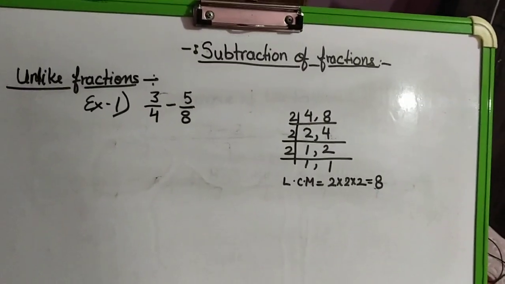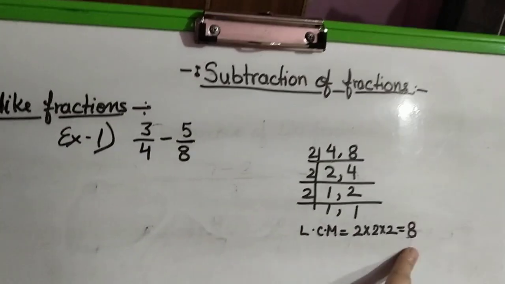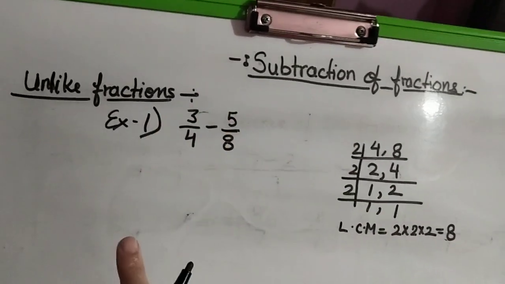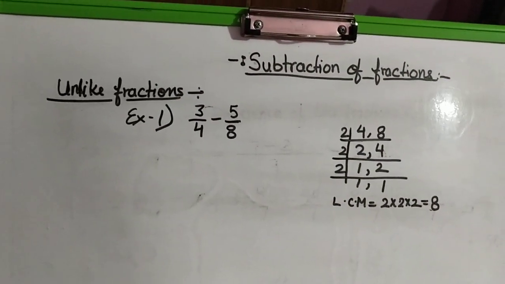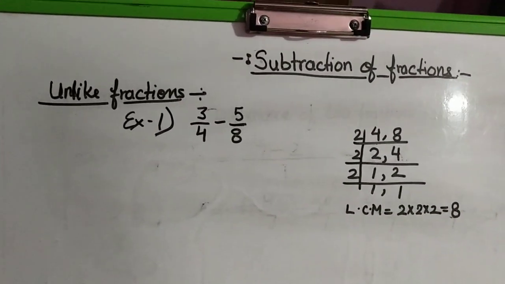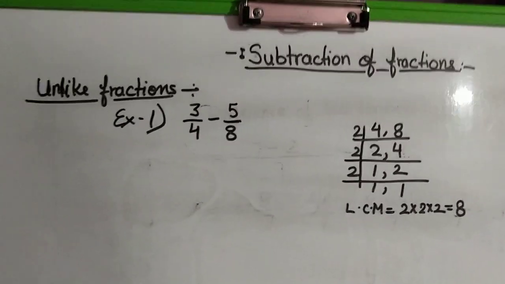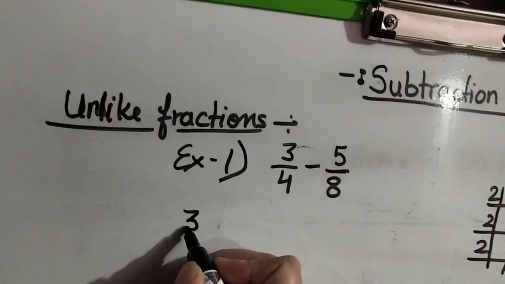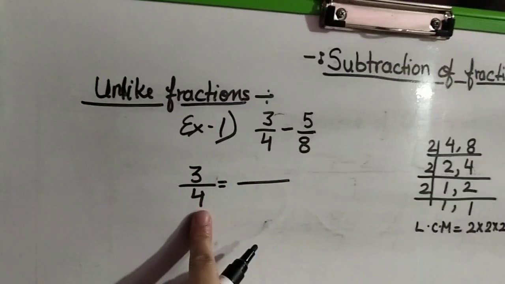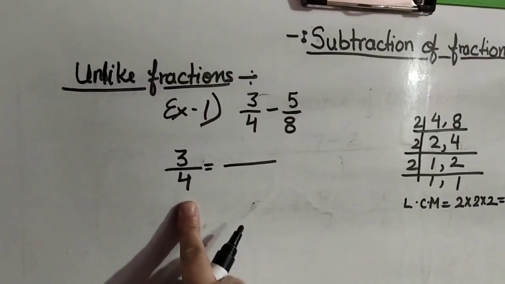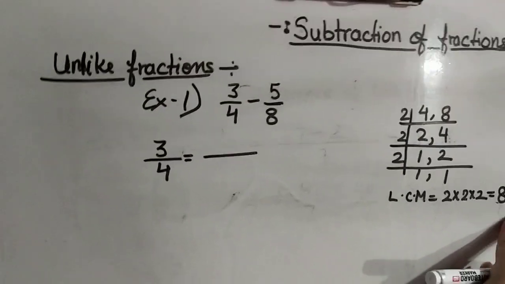Now, why do we find out this LCM? To make the denominators the same, to change the fractions into like fractions, so that we can find out the difference easily. So see this, 3 upon 4: you have to change your denominator into your LCM.